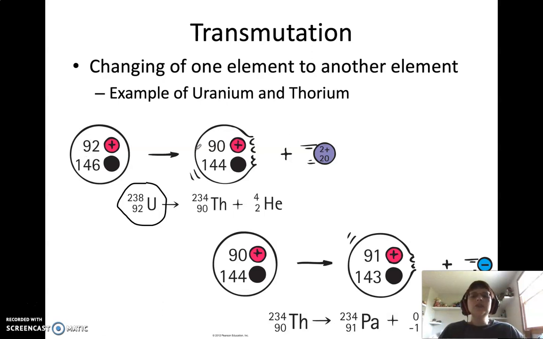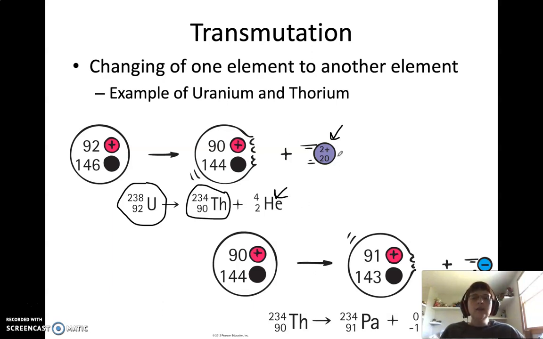That transmutation happens and we get thorium-234 because we lose 2 neutrons and 2 protons. They eject out. They become an alpha particle and eventually become a helium. If they don't run into anything, remember, they'll become a helium by picking up those 2 electrons on their way.